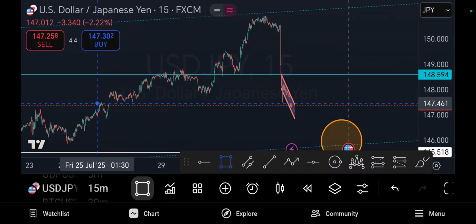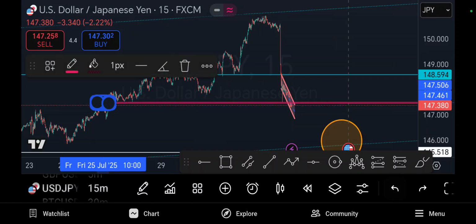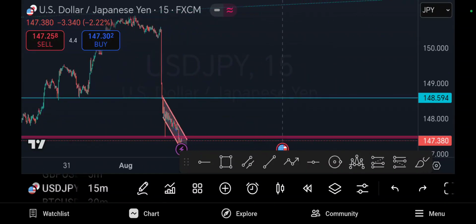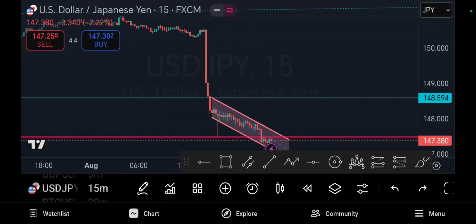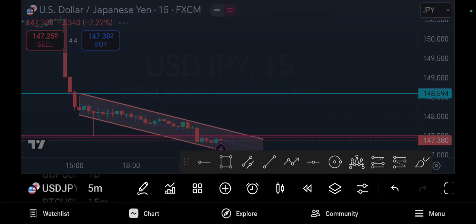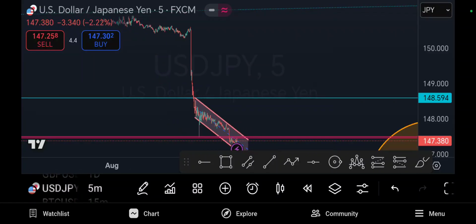You see, there's this zone here, but it's below already. So we can anticipate the buys, we can anticipate the sales, but don't cancel out the buys completely.